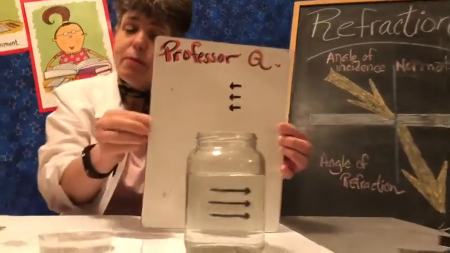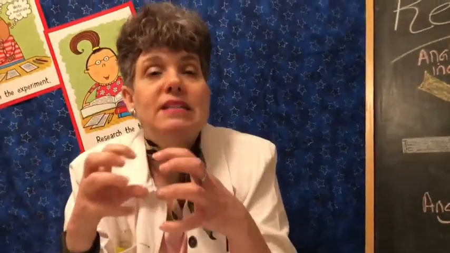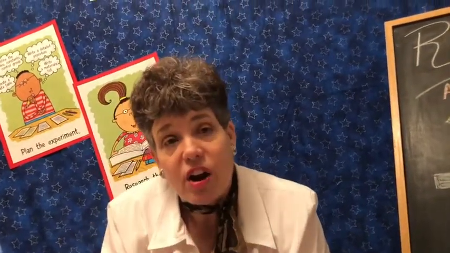Now, okay, Professor Q, but what about staying positive like a proton? What happened there? Well, if you remember previously that there are little spaces, I call them pore spaces, just like you have pores in your skin. What happened is that the water filled up the little pore spaces to behave much like the water in the jar.